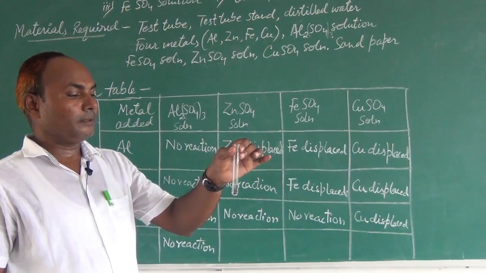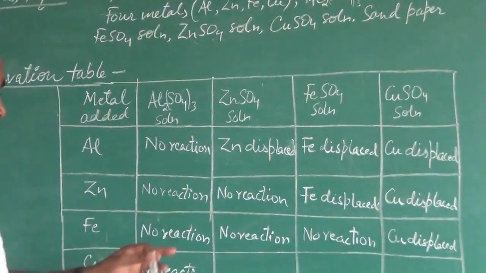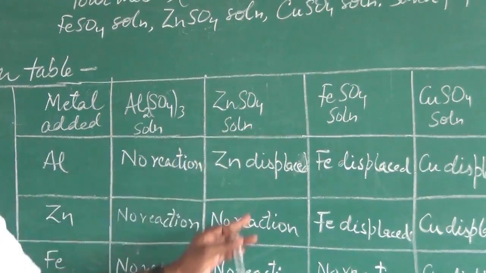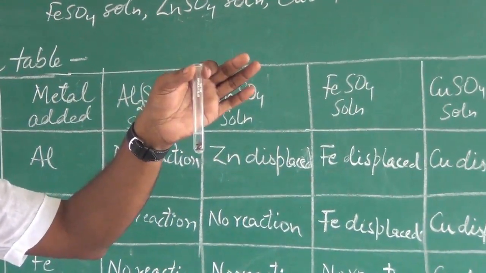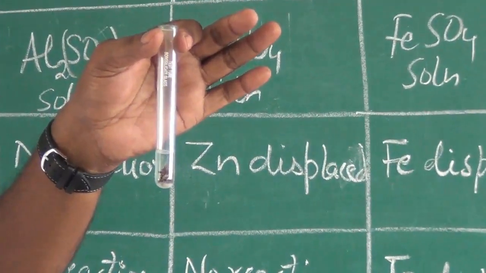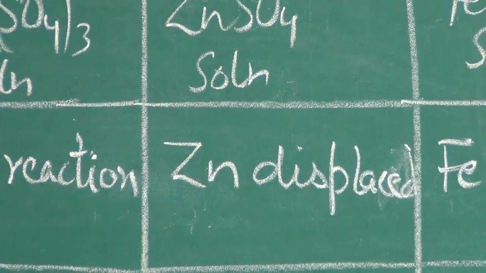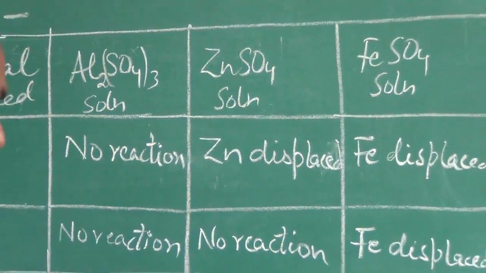There is no change in color, so no reaction takes place between this metal and salt solution. So write down the observation: when copper metal is added in zinc sulfate solution, no reaction.